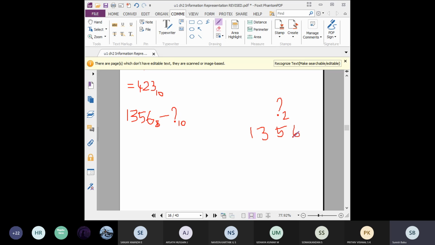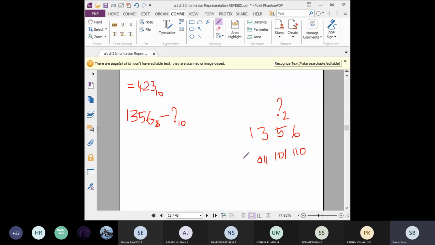For 6, the equivalent binary value is 110. Then 5 is equivalent to 101. Okay, just remember the tabular column. Then 3 is equivalent to 011.